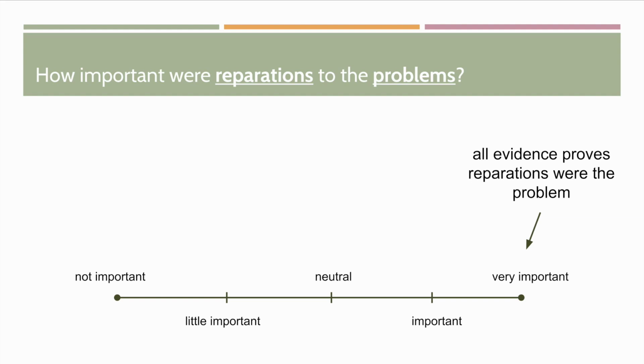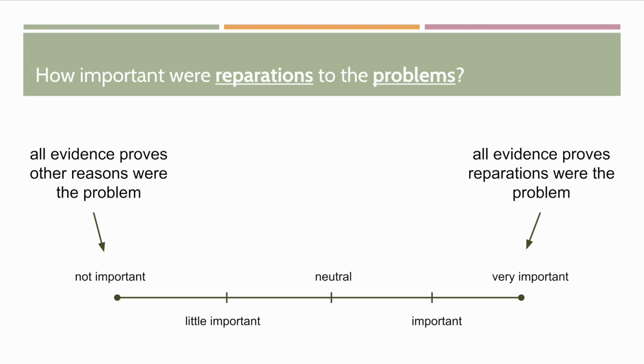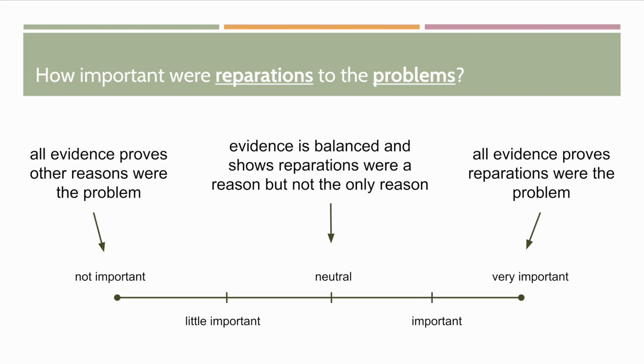If you make the argument that reparations are not important, then all the evidence proves other reasons were the problem. Can you guess what a neutral response would be? That would be a balanced argument which shows that reparations were a problem, but there were other factors that were also involved.